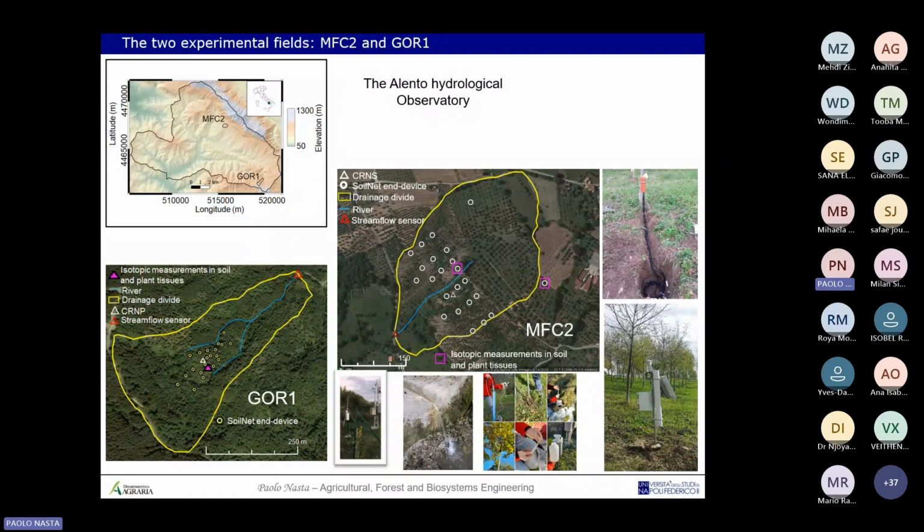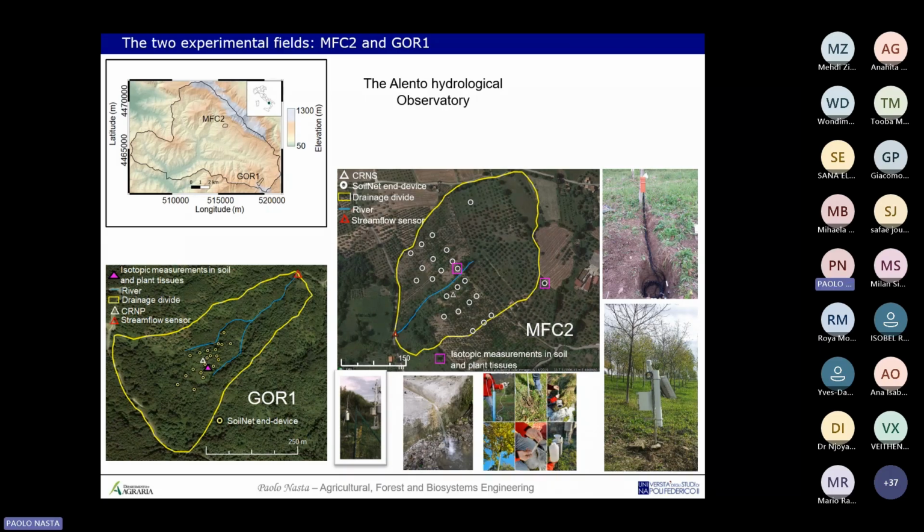We went to the field every 2 weeks to collect soil samples and plant tissues in order to extract water and measure the stable water isotopes. And of course, we also collected free water from stream flow, groundwater, and rainfall.